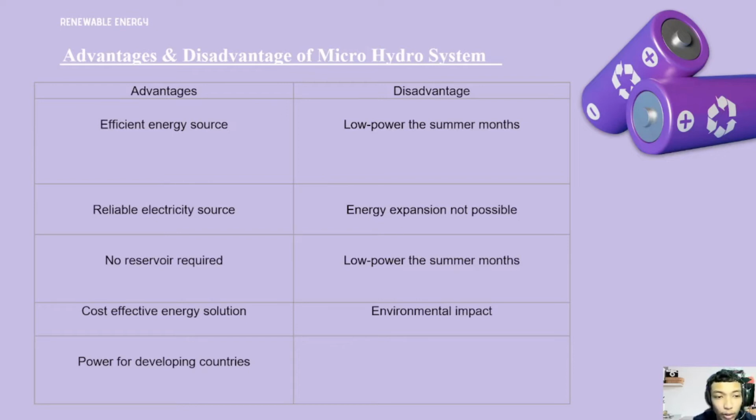Third is no reservoir required, but the disadvantage is low power in the summer months. Fourth, a cost effective energy solution, but the disadvantage is environmental impact. And lastly, the advantage is power for developing countries.